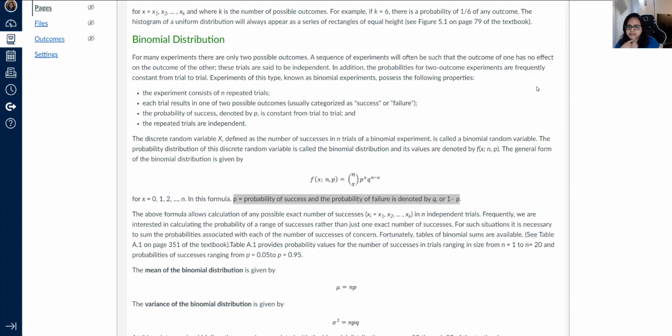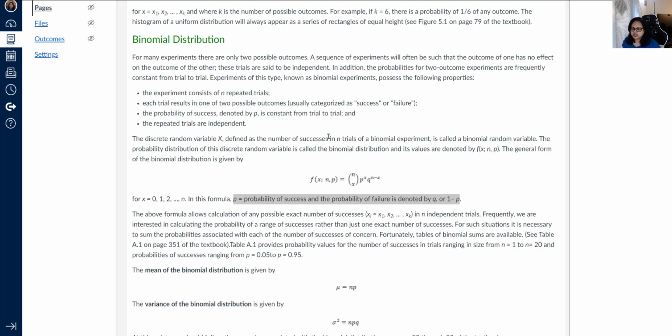Okay, so let's talk about the binomial distribution. In the binomial distribution, the experiment involves repeatedly doing trials, like throwing a coin a few times. That's a repeated trial, right? Each trial should have 2 possible outcomes.